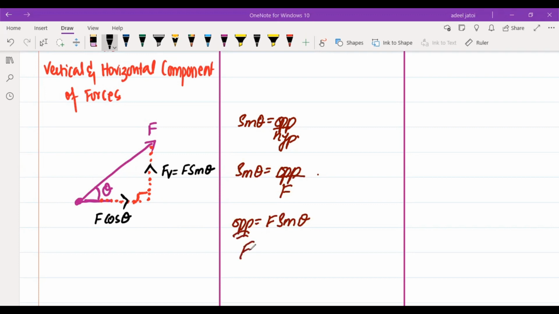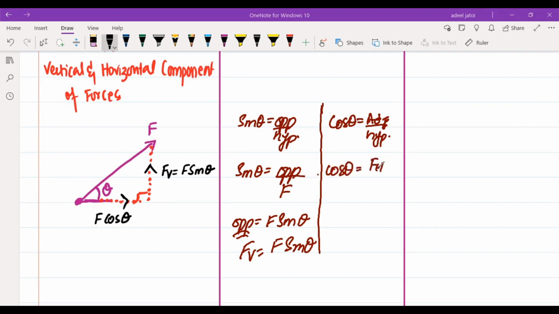So opposite is force vertical, which is force sine theta. Similarly, cos theta is adjacent upon hypotenuse, so cos theta is force horizontal upon F. So force horizontal is equal to F cos theta.